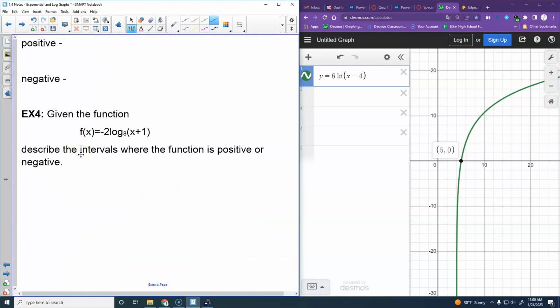Okay, so next thing we're going to look at is positive and negative. Positive is going to be when your y coordinates are positive.